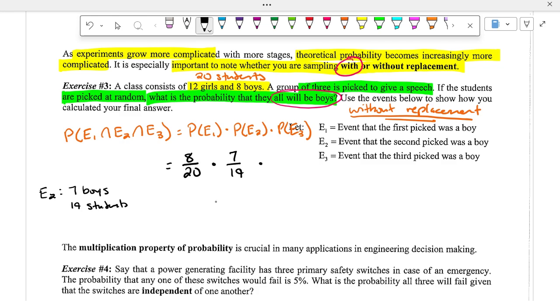That means I picked 2 students out of my original total. How many boys do I have now going into E3? I have 6 boys, 18 students. Do you guys see how this is working? I'm assuming that what I picked was a boy, so I subtract from the boys, not from the girls. So the next one is 6 out of 18.